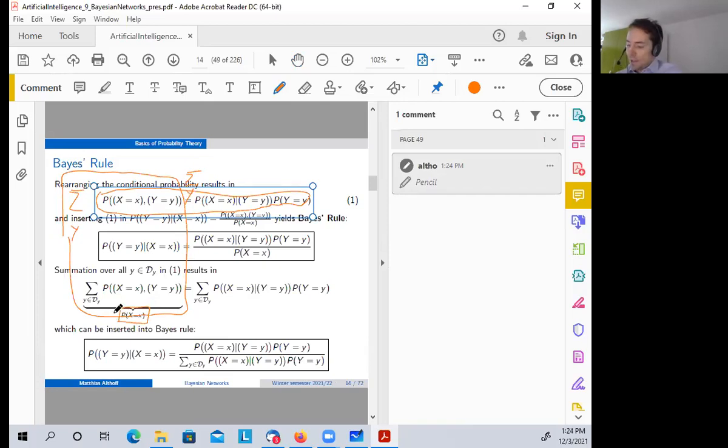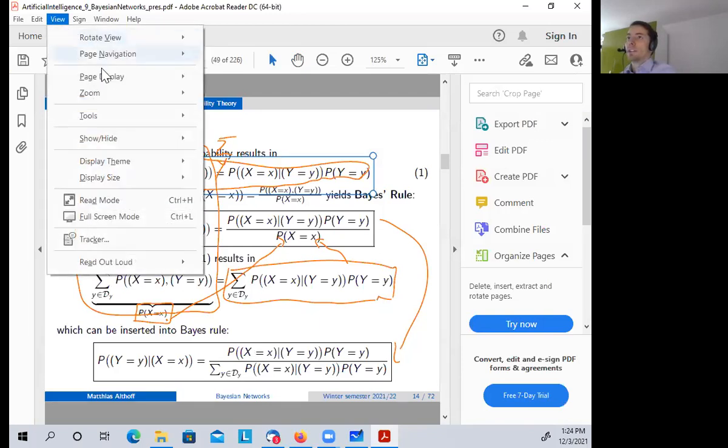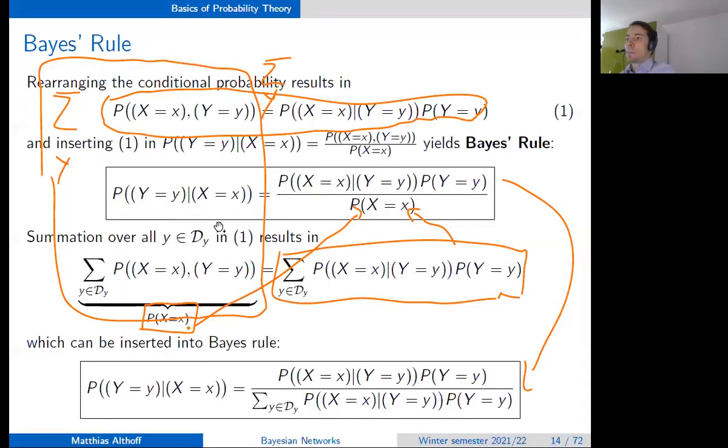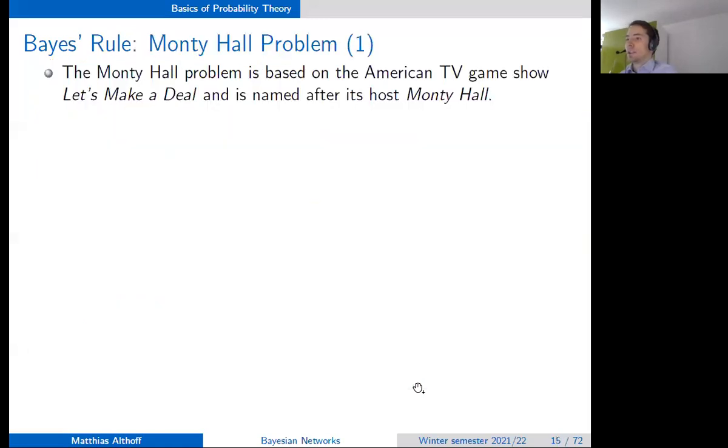This is then inserted here, and we know that this equals this. So we insert this value here, and by this we have this final solution. Usually the first formula suffices. The second formula is not used that much.